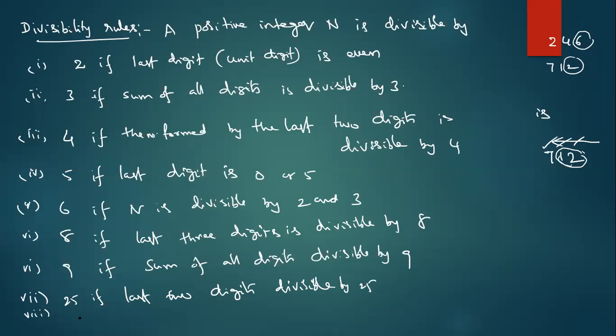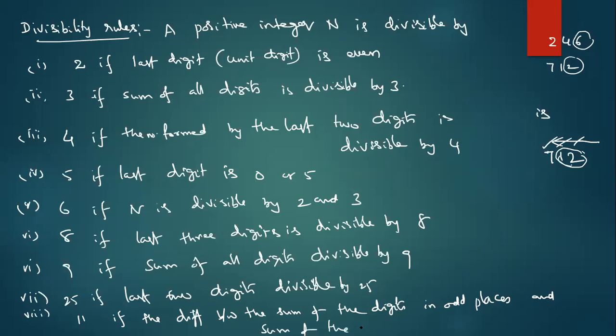Next, 11. The difference between the sum of the digits in odd places and the sum of the digits in even places must be what?